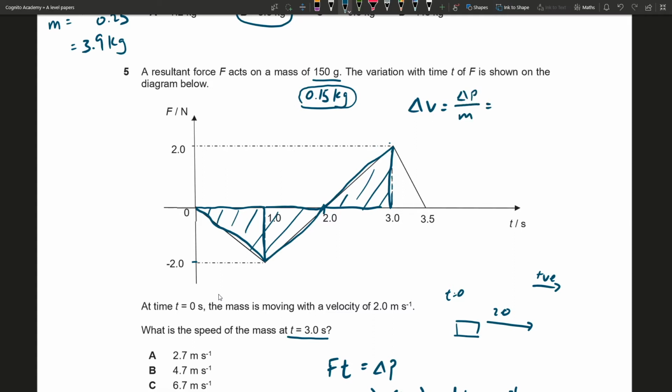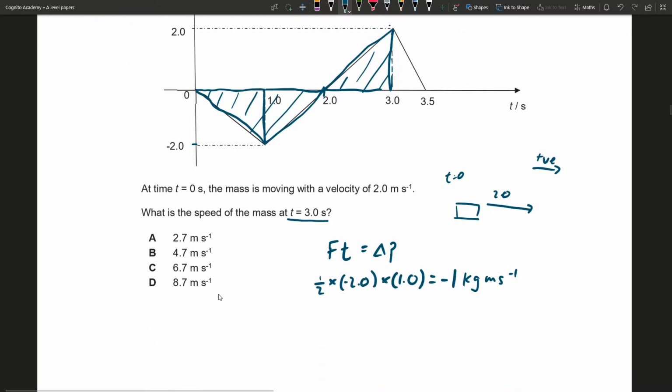So that is -1 divided by 0.15, and that gives us -6.7 to 2SF. So our final velocity is equal to our initial velocity, which is 2.0 meters per second, plus our change in velocity, which is -6.7, and that gives us -4.7. But we're asked what is the speed of the mass, so we can ignore the minus sign. Our answer here is B.